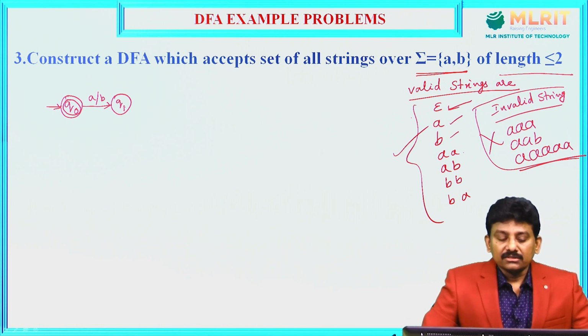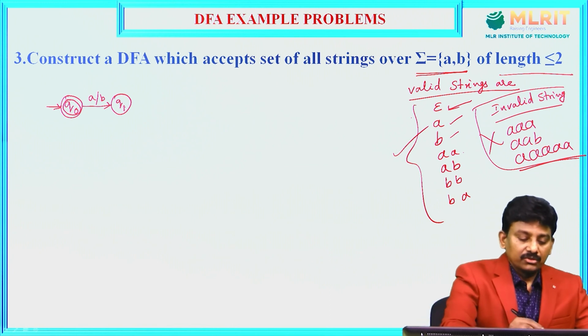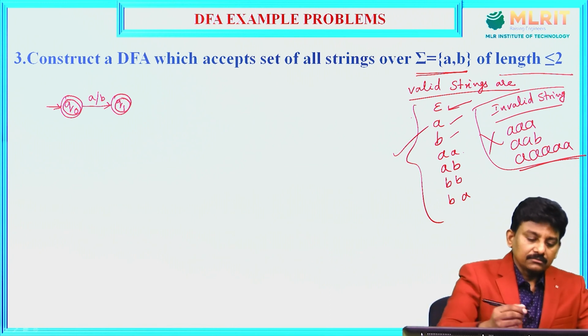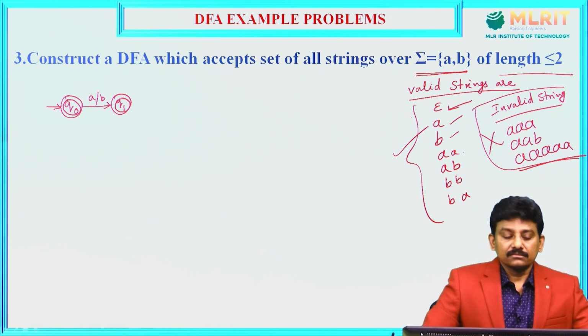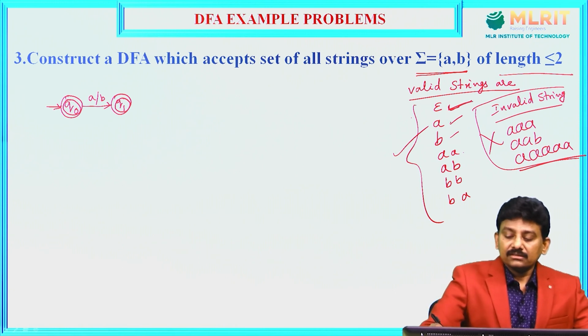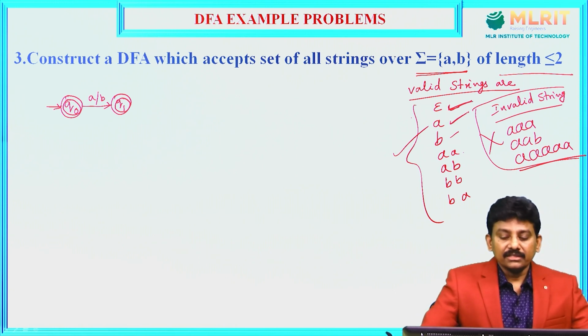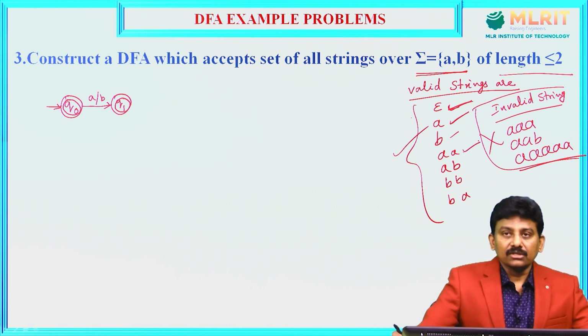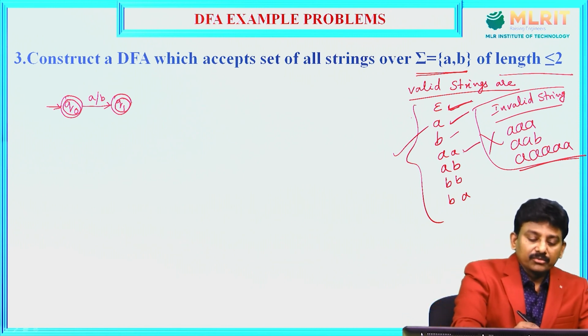The string with one character should be accepted, so Q1 is also a final state. Epsilon is valid, a string of length 1 is valid, a string of length 2 is also valid. So, from Q1 by reading either A or B, I can go to the next state Q2.